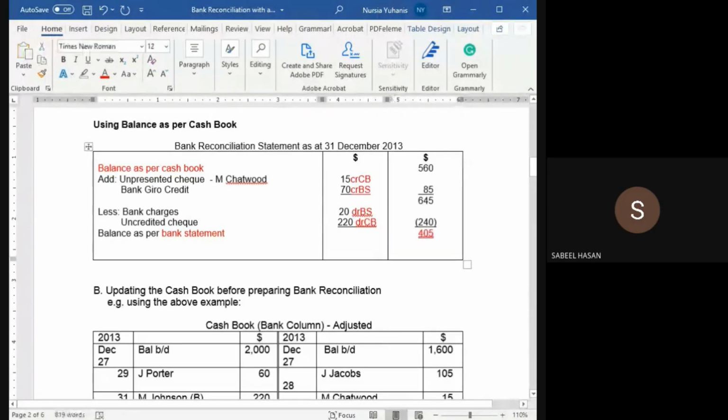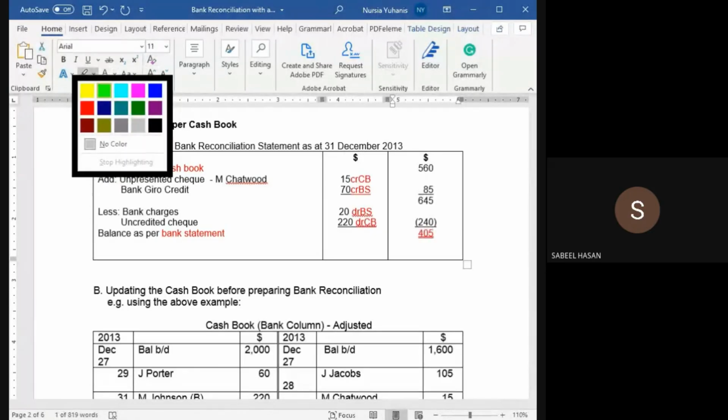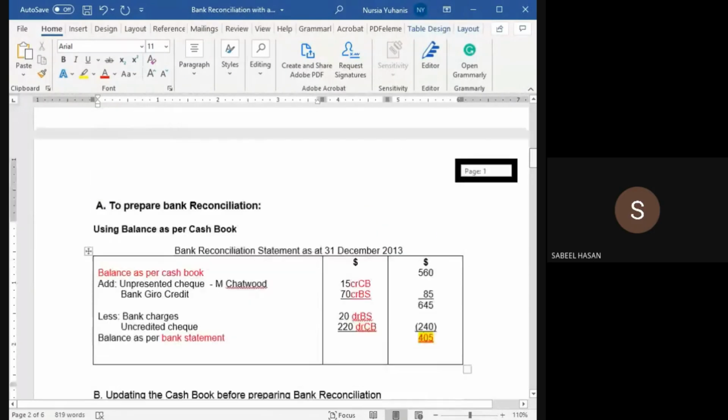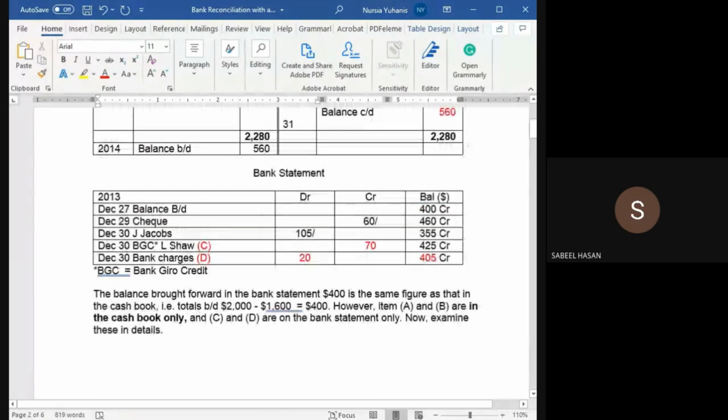Now, this amount 405, you will know whether it is correct or not by comparing it with this one. The name is balance as per bank statement. So you go back to the question, you refer to your bank statement. What is the balance?